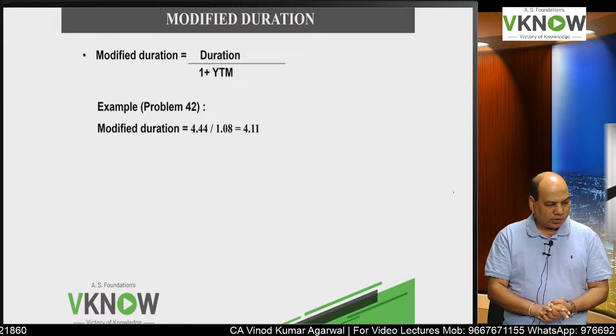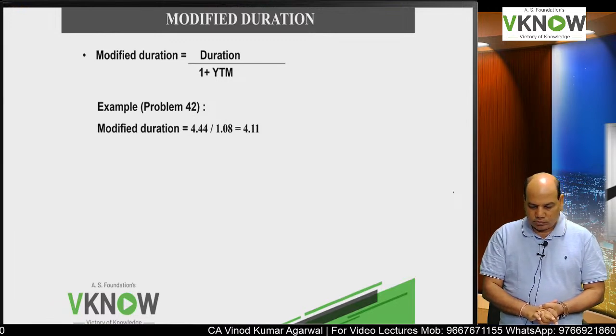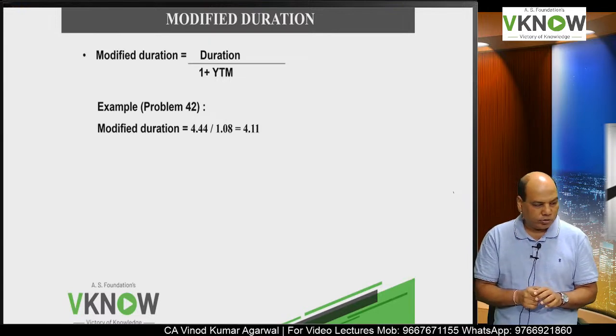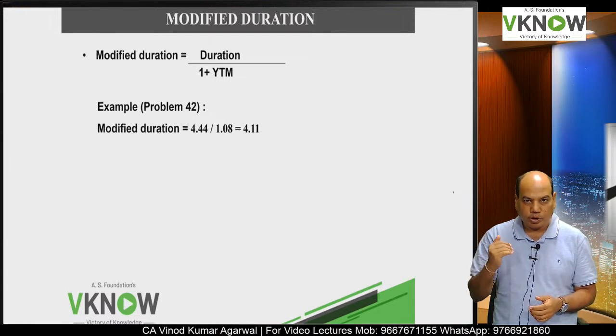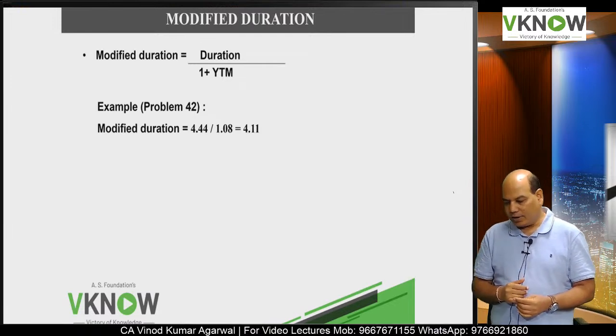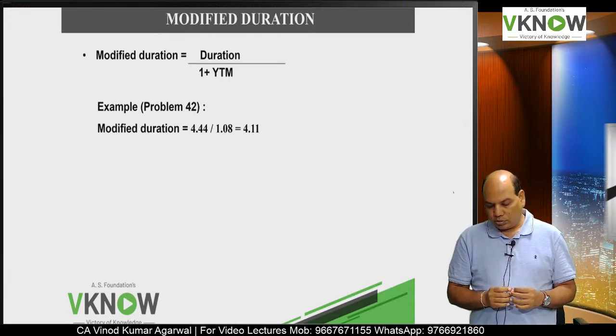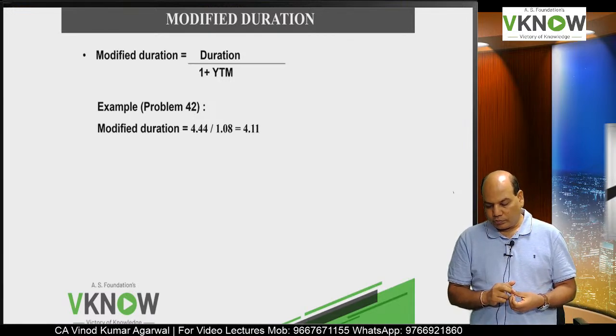Duration upon 1 plus YTM equal to 4.44. Can you see 4.44 is your duration? Divide by 1.08. So you will get 4.11.